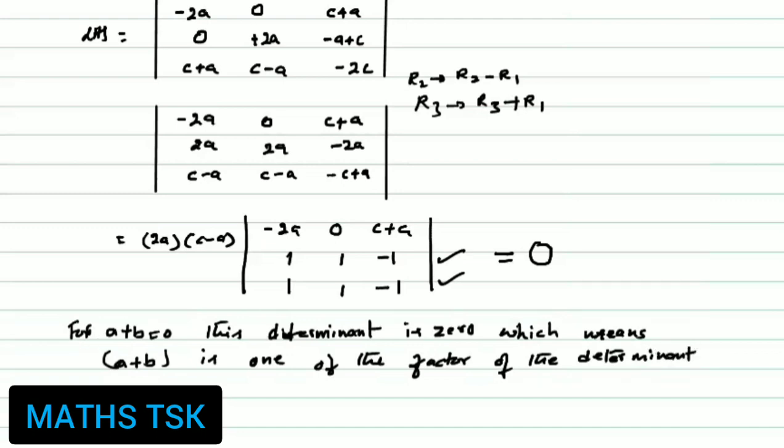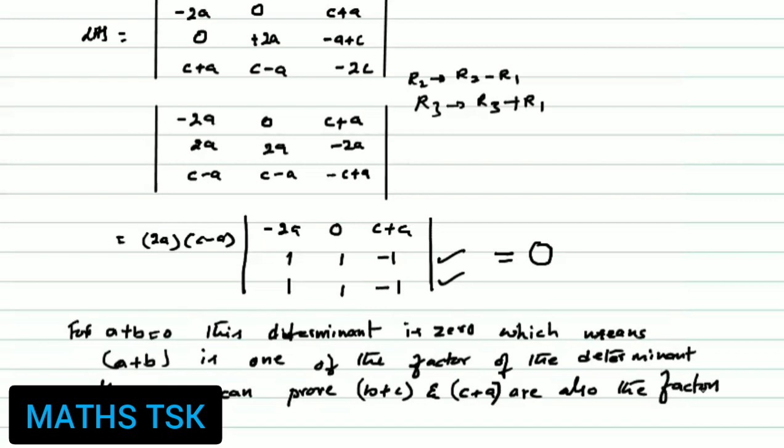Okay. Similarly, we can prove b plus c and c plus a are also factors. So means if you consider b plus c is equal to 0, or substitute c is equal to minus b, or c is equal to minus a, again we will get the determinant as 0.